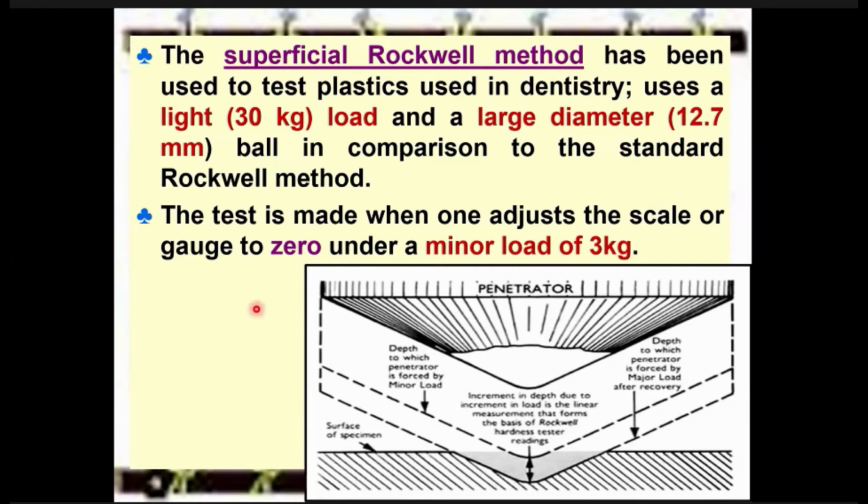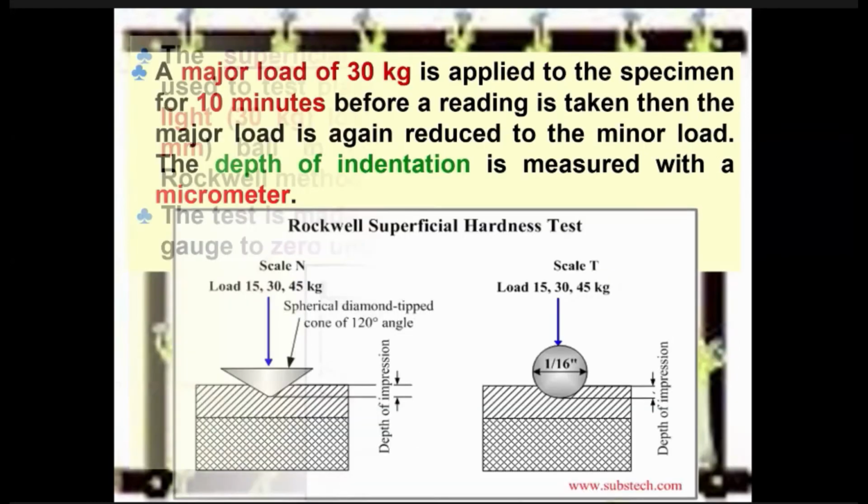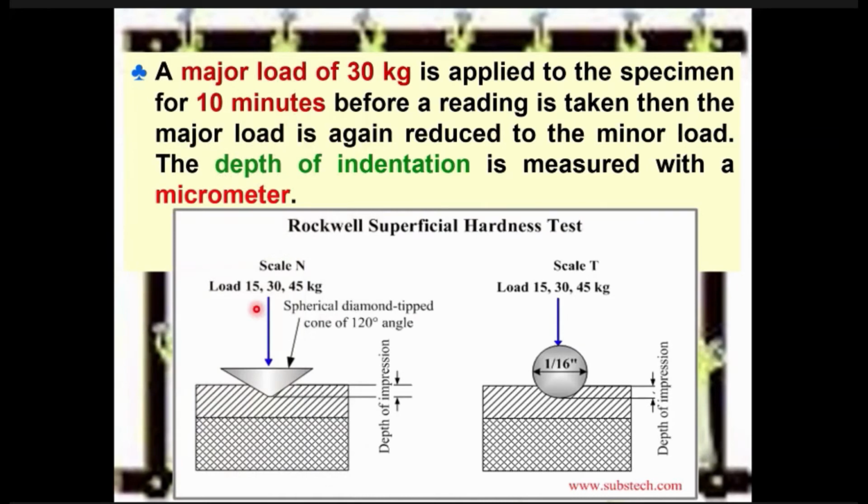Once we apply the major load, we hold it for a few minutes, not seconds, because this is for elastic materials, and the indentation will be supplemented by a meter which can directly tell us about the hardness of the material. It is measured by a micrometer which comes with this measurement system, and we don't need to calculate the area of indentation.